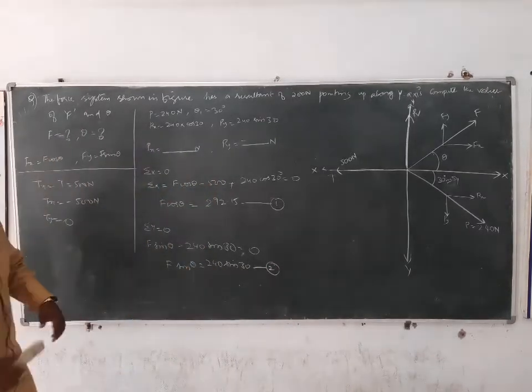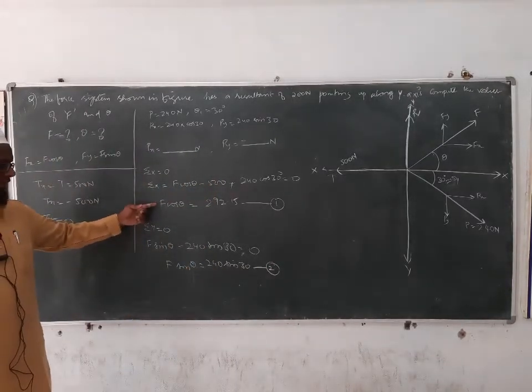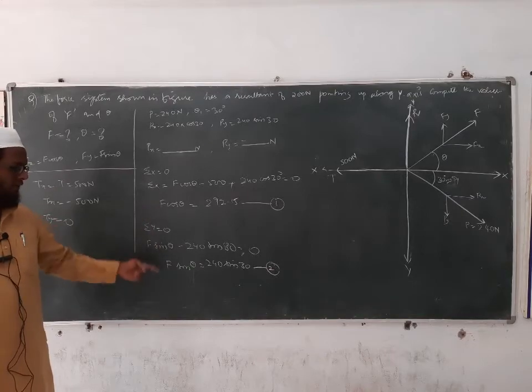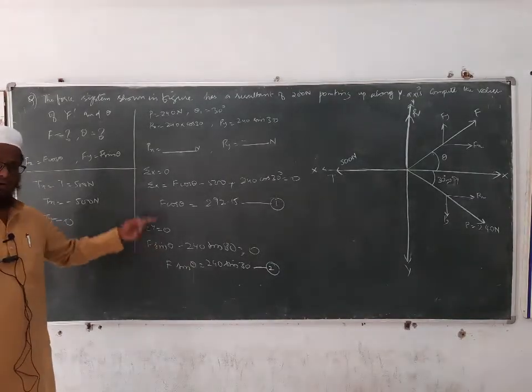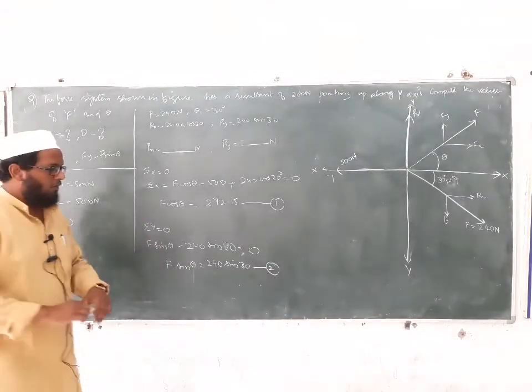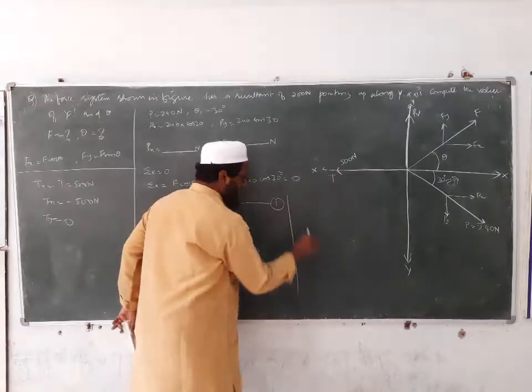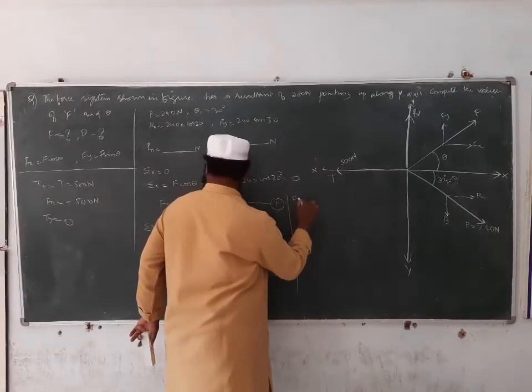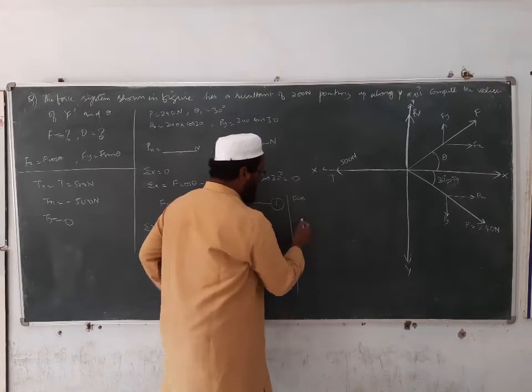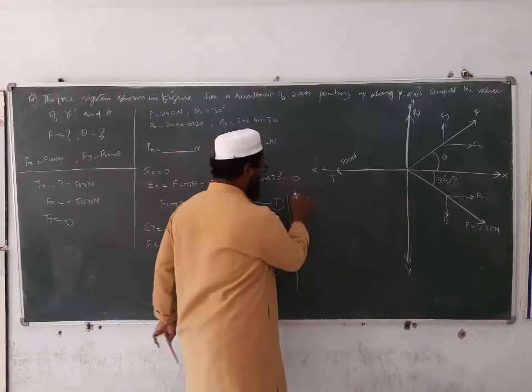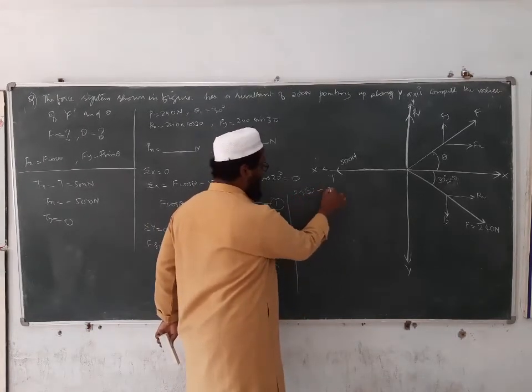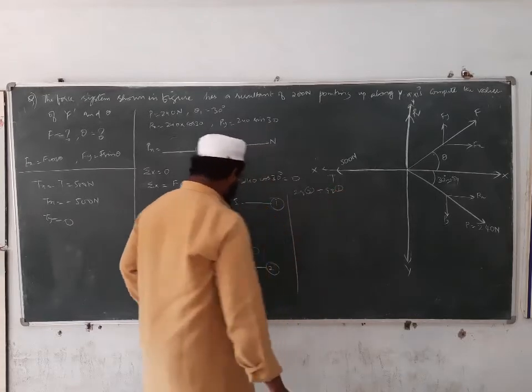We have here two equations, F cos theta, F sin theta. If you divide equation 2 by equation 1, what will happen?